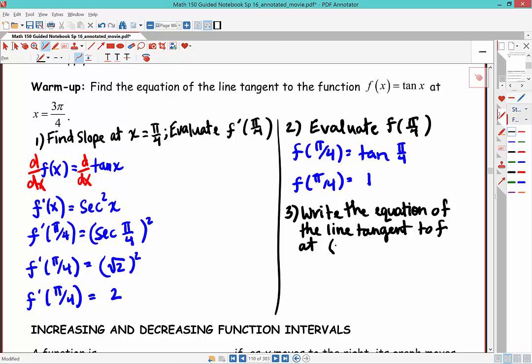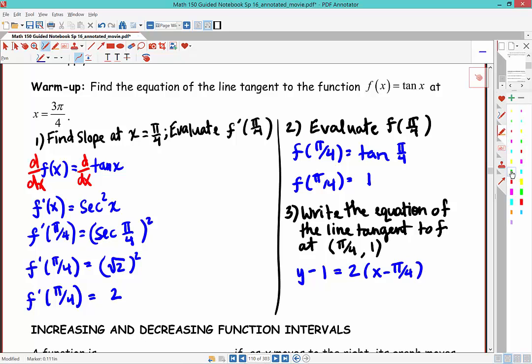What did we find? Beautiful, pi over 4, comma 1. We'll have y minus y1, so our y1 is 1, is equal to the slope, which is 2 times x minus x1, which was pi over 4.